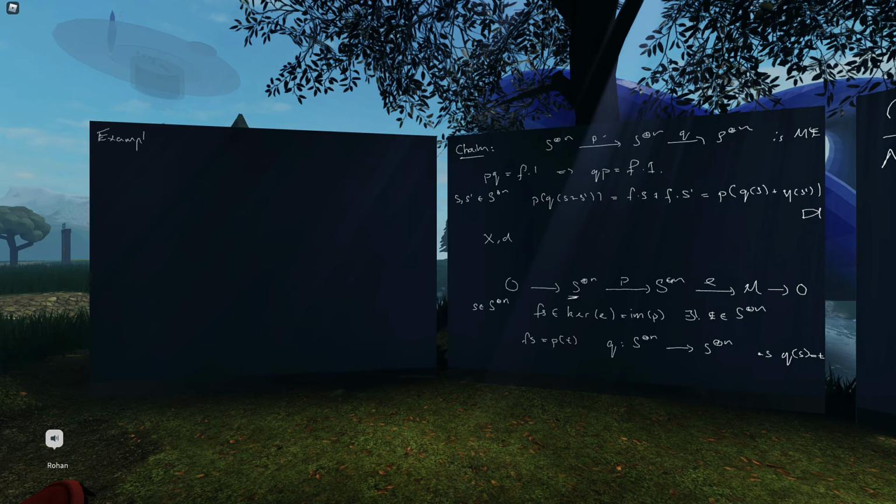So let's look at an example. Okay, so we've got our matrix factorization, or say a linear factorization X with differential d.